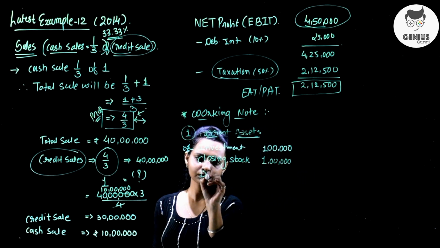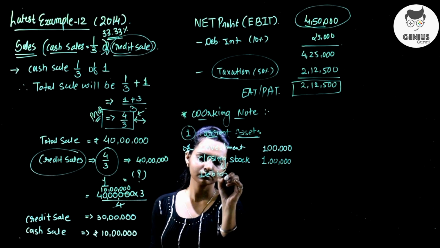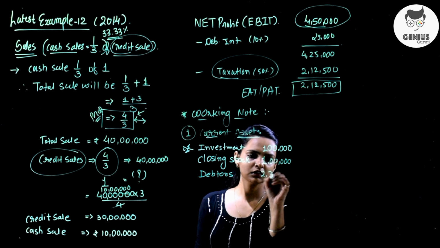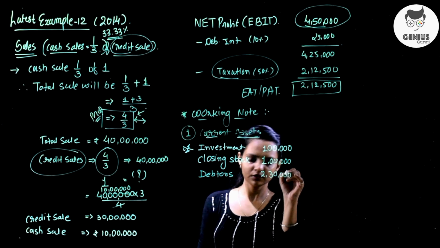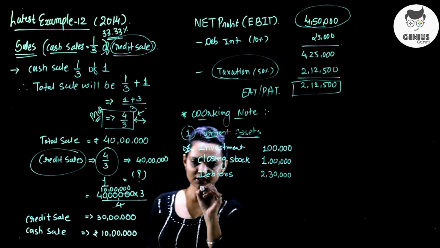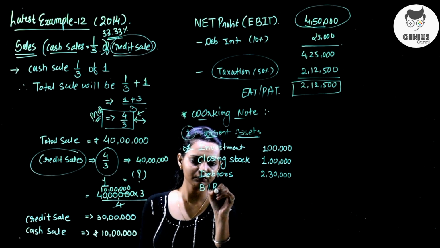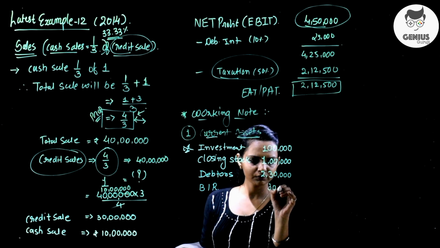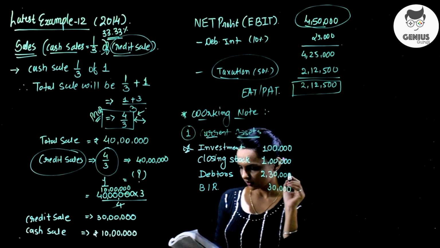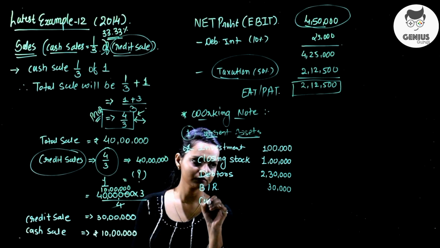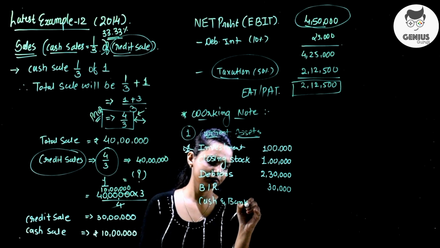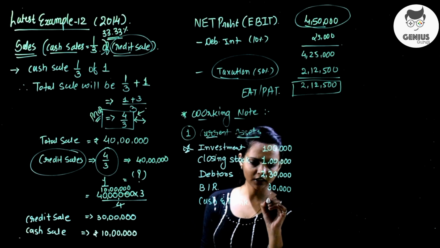Debtors of rupees 2,30,000, bills receivable of rupees 30,000, cash and bank $30,000.